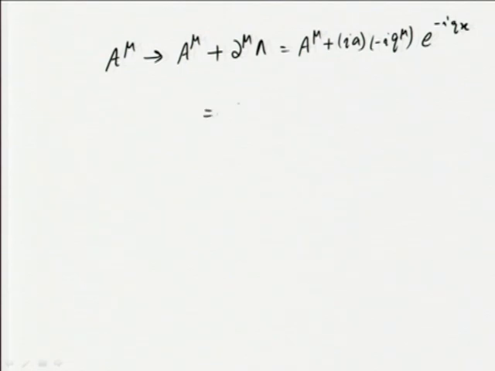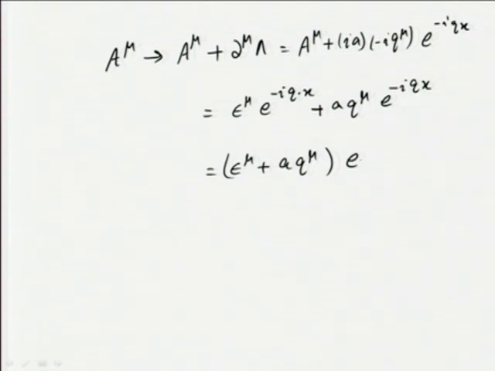So, if I write A mu as epsilon mu e power minus i q dot x, then i A times minus i q mu is plus A q mu exponential minus i q x, which gives epsilon mu plus A q mu e power minus i q x.